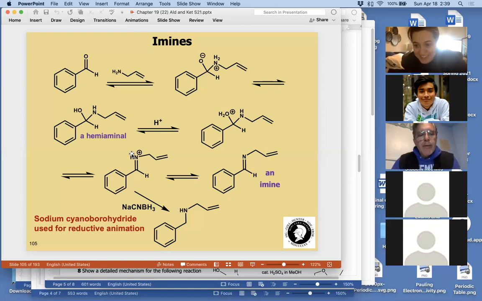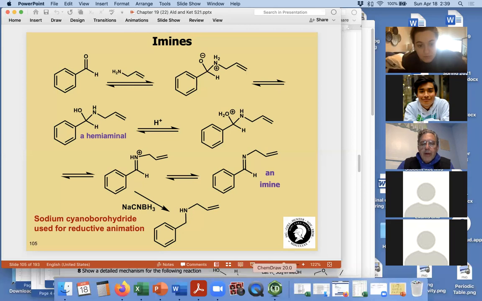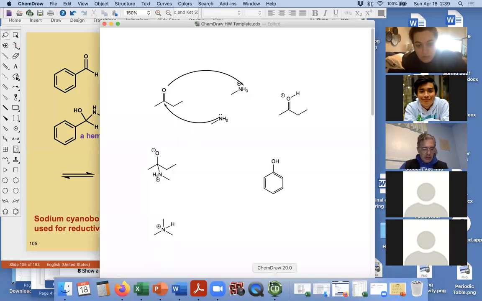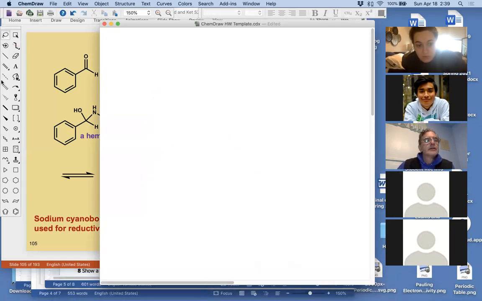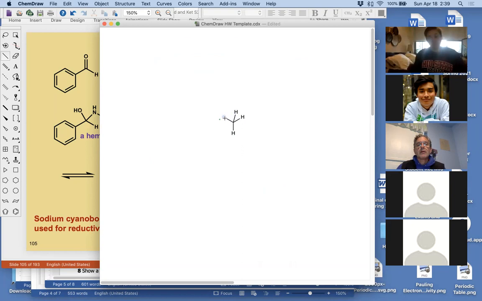To help you remember that, let me actually draw it out. Something I probably should have on the slides. Okay, so boron is more electropositive.